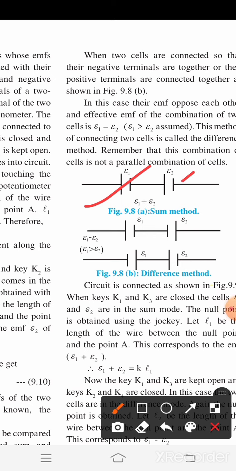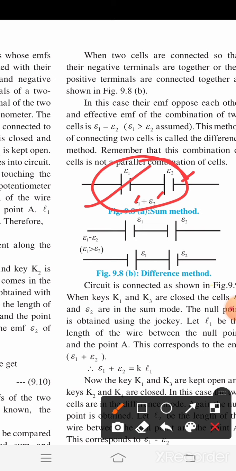This combination gives us the summation of EMF, E1 plus E2. The total or effective EMF using this combination is E1 plus E2. That is the sum method. In the second combination, the positive terminals of the cells are connected together and the negative terminals are connected together.